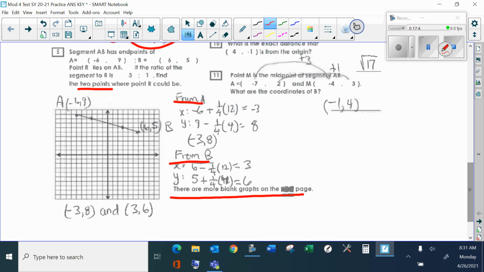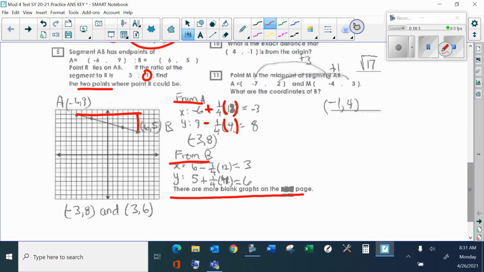I'm going right, which is positive for the x, and then down to hit the line segment, so it's negative. I'm going to use 1 out of a total of 4 parts, so that's why it's 1/4. The x distance from -6 to 6 is a total of 12, that's why you see the 12 in parentheses. It's the same fraction, 1/4. And the y direction is only 4, that's why you see 4 in parentheses.